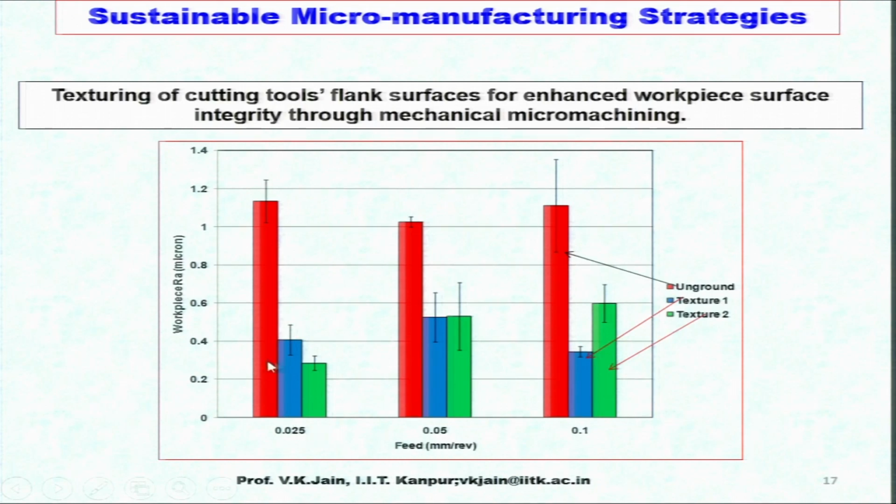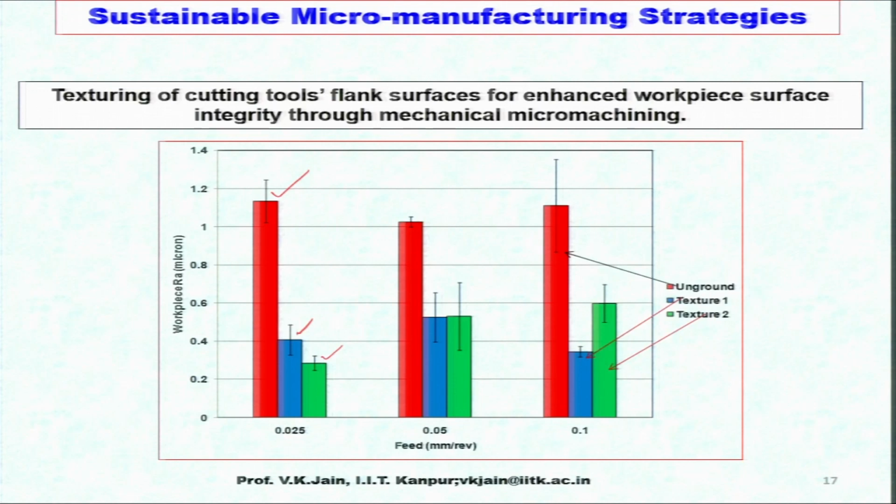Now you can see here very high Ra value, that is rough surface, low and still lower, and here you can see red is unground, texture 1, texture 2. So this is the unground surface which is giving very high Ra value, rough surface. This is the first type of ground, comparatively very low surface roughness, and second type is still lower surface roughness.